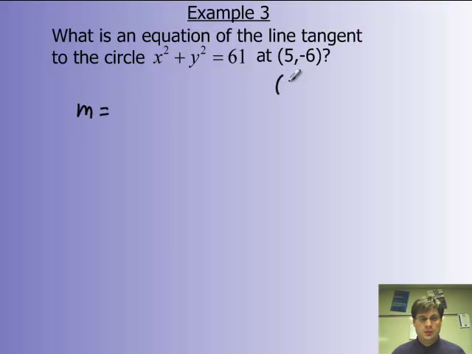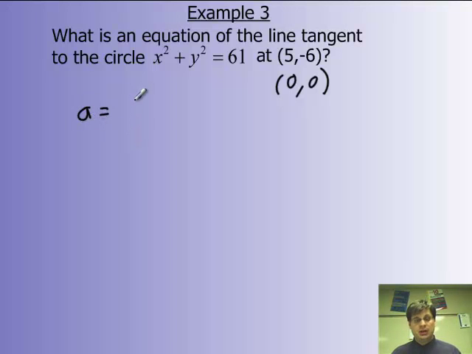So we have the point 5 and -6, and the other point's going to be 0, 0. M in this case is going to be slope, or we could use A. It doesn't really matter. I'm used to using A for slope for AX plus B or any of the other formulas.